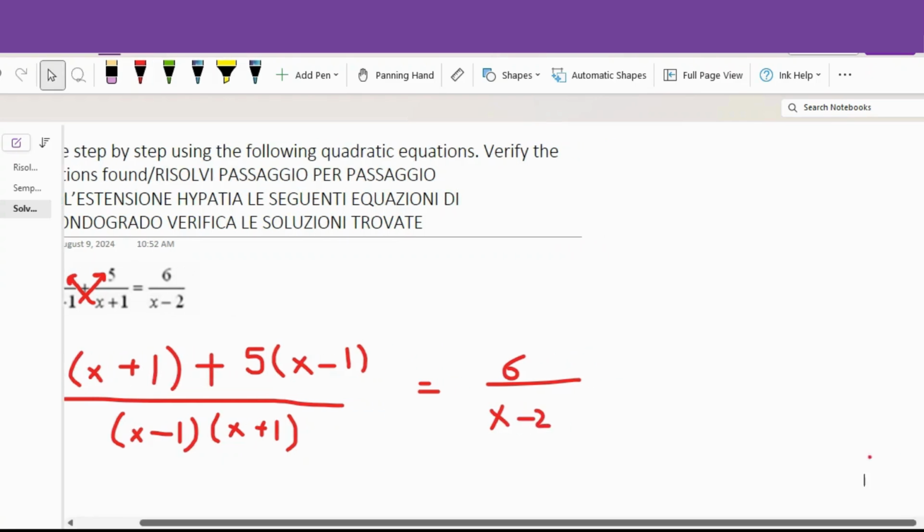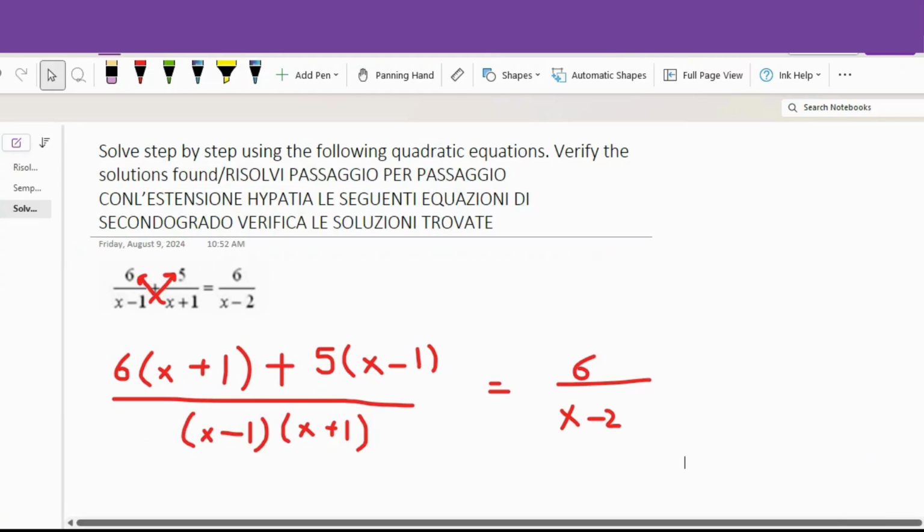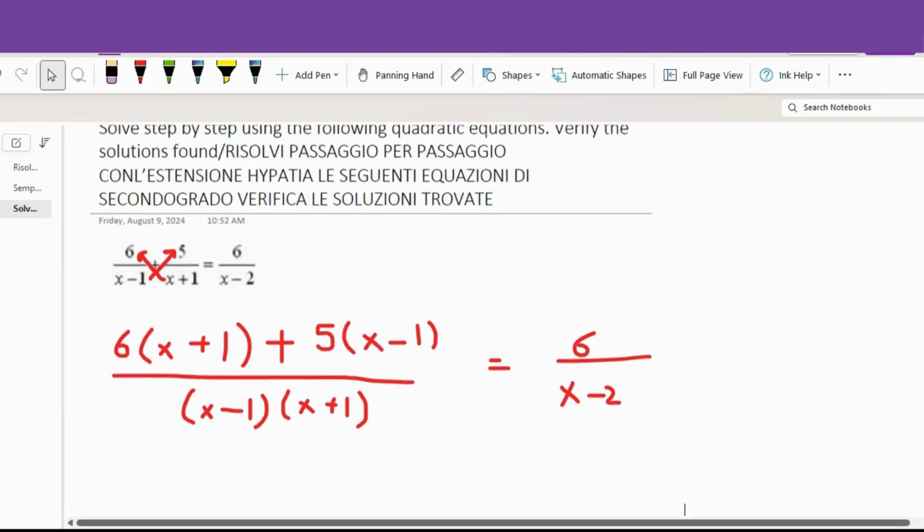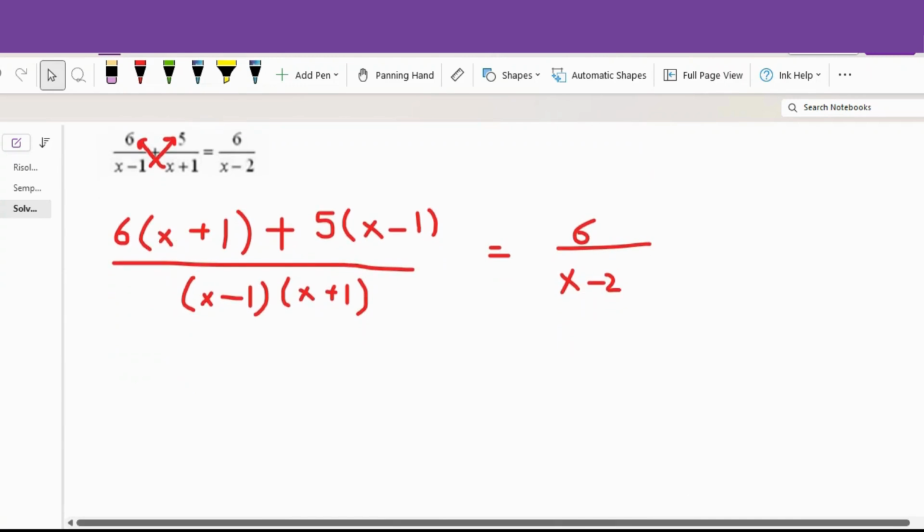Right. Now let's move forward. Let's distribute this 6 to this bracket. So it's going to become 6x plus 6 plus 5x minus 5.